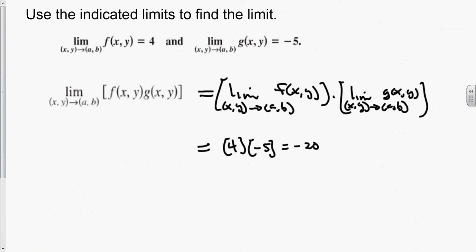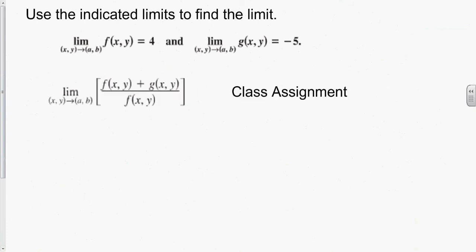Let me give you this one to do. Use the indicated limits to find the limit, the same given information. What's the limit for this quotient?